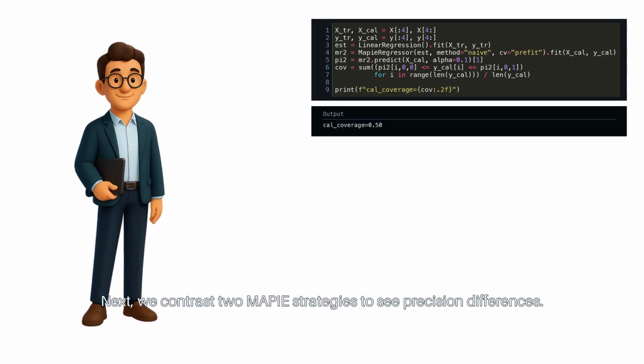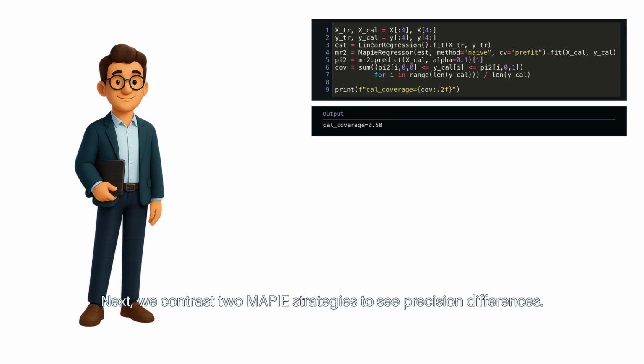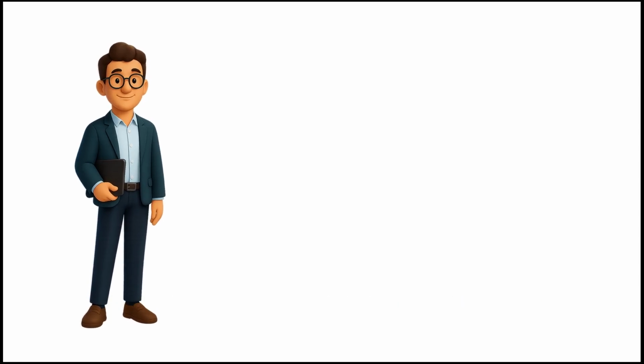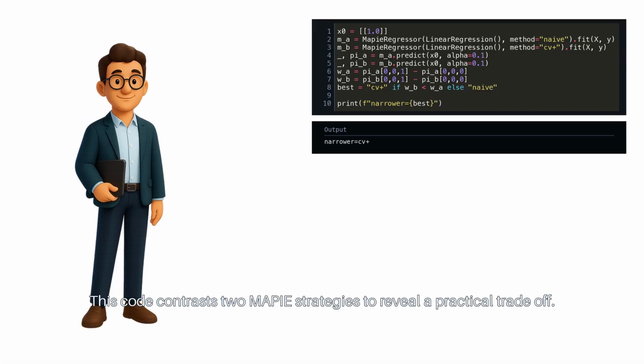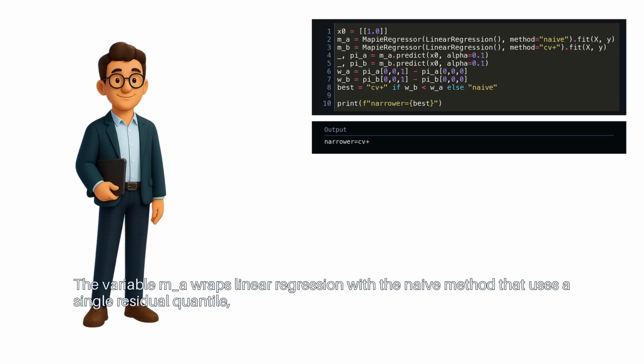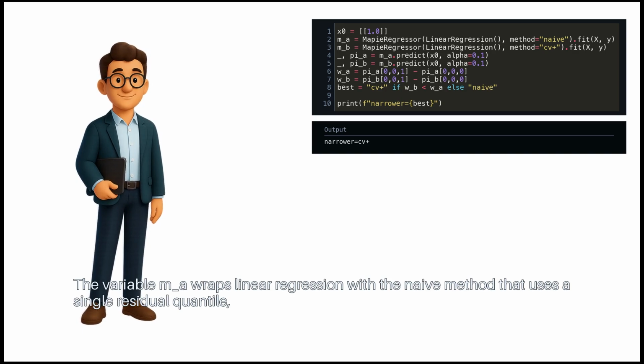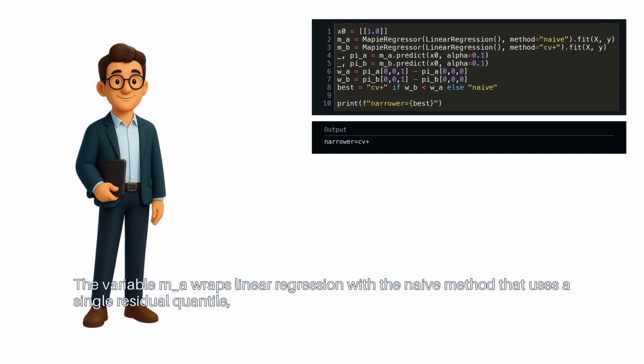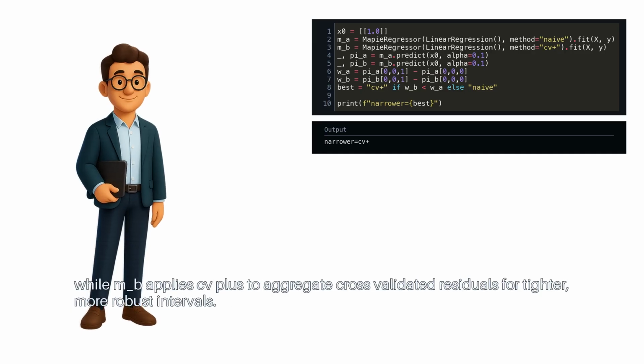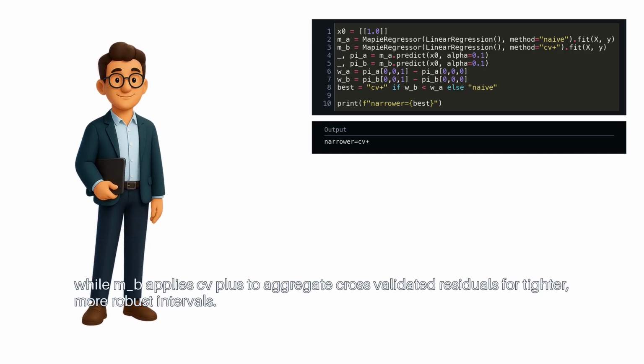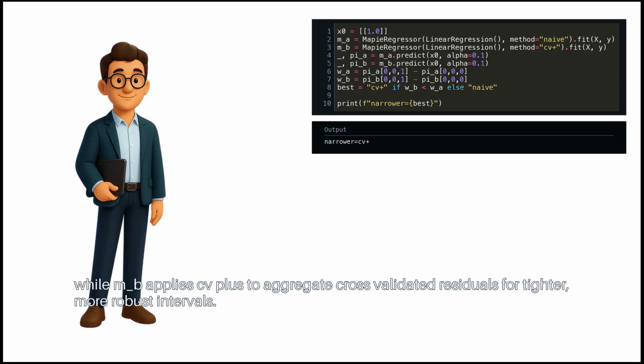Next, we contrast two MAPIE strategies to see precision differences. This code contrasts two MAPIE strategies to reveal a practical trade-off. The variable MA wraps linear regression with the naive method that uses a single residual quantile, while MB applies CV plus to aggregate cross-validated residuals for tighter, more robust intervals.